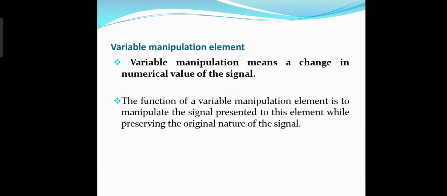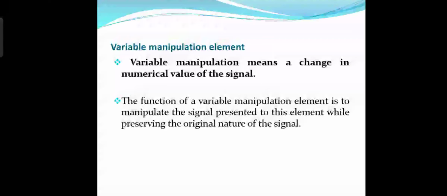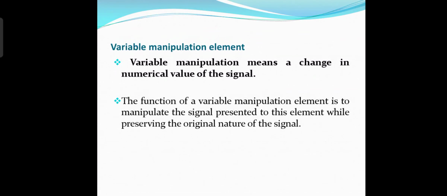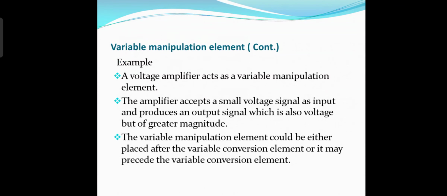Linear manipulation can be amplification, attenuation, integration, differentiation, addition or subtraction, whereas non-linear manipulation can be modulation, detection, sampling, filtering, chopping or clipping. Depending on the output signal from the transducer, the corresponding manipulation elements can be used.